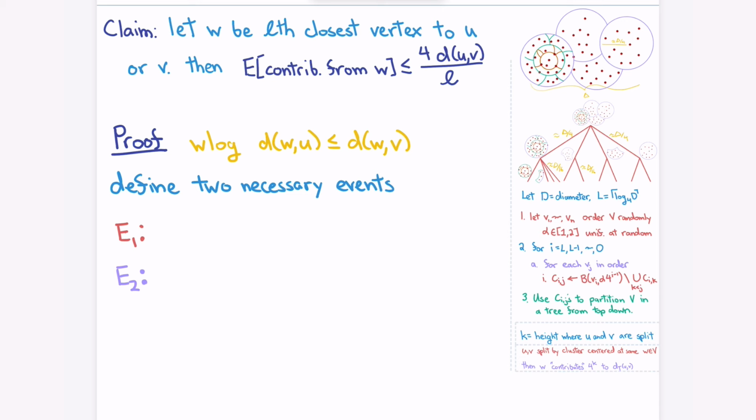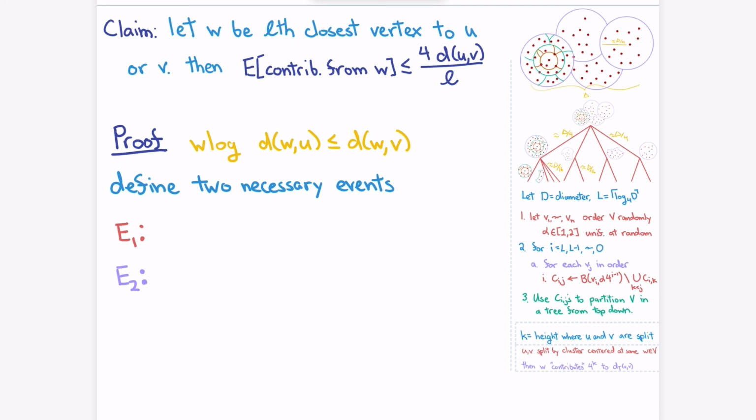Now I'm going to assume that W is closer to U than V. It's one or the other, it doesn't matter which, so I'm going to fix it for our analysis. And now there's two necessary events, right? What are some things that have to happen for W to be the one that really determines the distance between U and V?